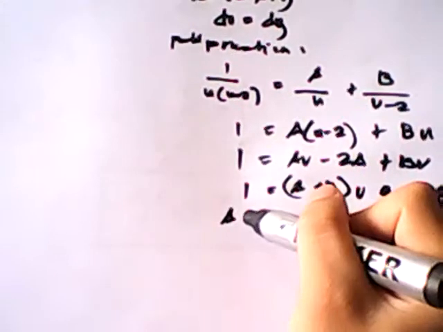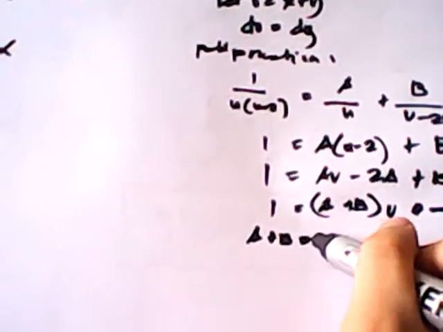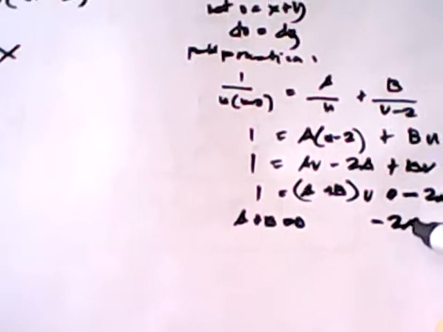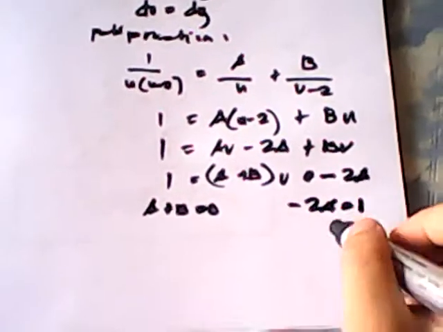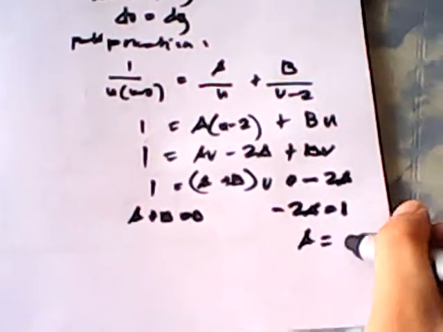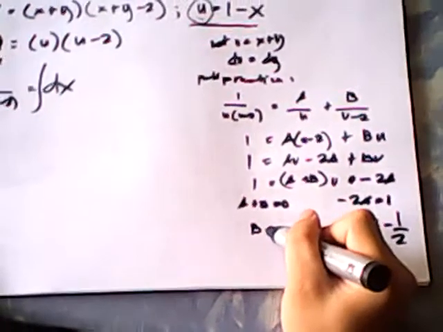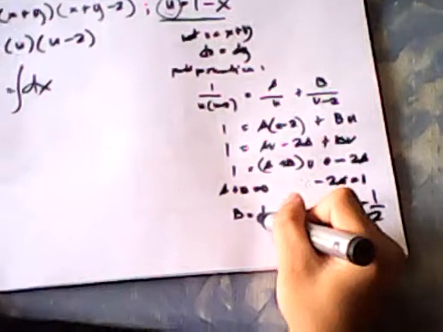Then A plus B is equal to 0, and minus 2A is equal to 1. A is equal to negative 1/2, so we can get B is equal to positive 1/2.